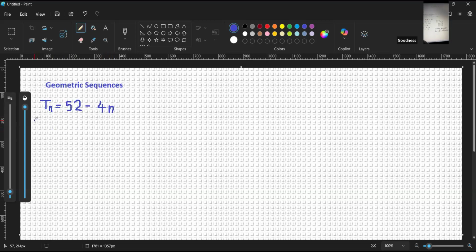Yes. Okay, good. Now let's remember that the general formula says that Tn equals A plus (n minus 1) D.